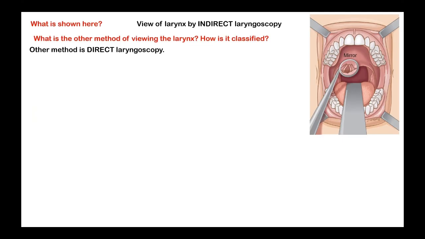How can you classify direct laryngoscopy? Video assisted. Cormack-Lehane grading. Grading is visualization of the various structures in the larynx. But this laryngoscopy itself, based on the instrument or equipment that you use to visualize the larynx, can it be classified? Can be rigid or flexible scopes.